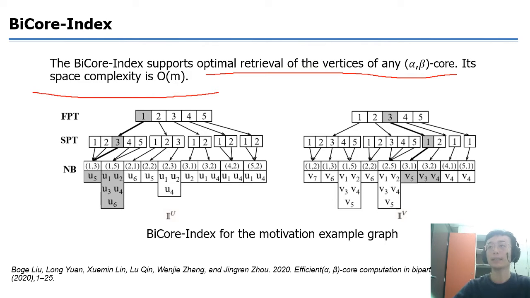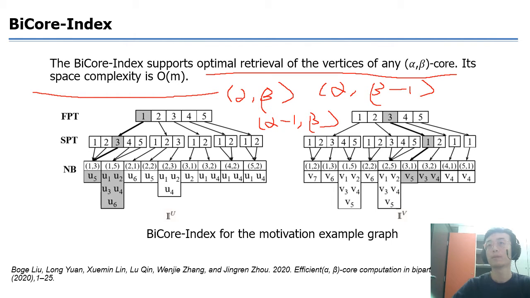This index is designed based on the nested structure of the alpha-beta core, which means that an (alpha, beta)-core is always a subgraph of the (alpha, beta-1)-core, and it is always a subgraph of the (alpha-1, beta)-core. According to such a property, we can organize the alpha-beta cores in a hierarchical way.